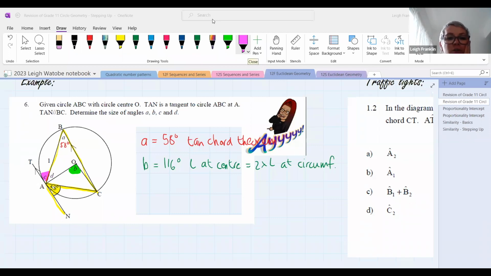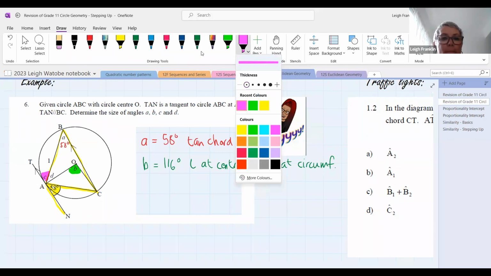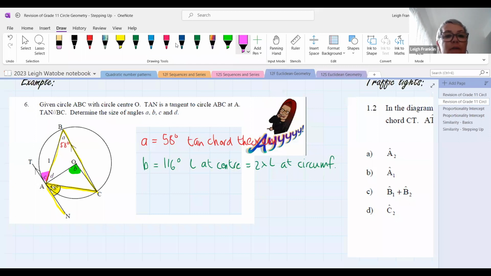C is equal to A? It certainly is, Maswazi. What's the reason for it? Alternate angles. Very nice, guys. Perfect. So angle C is also equal to 58 degrees.